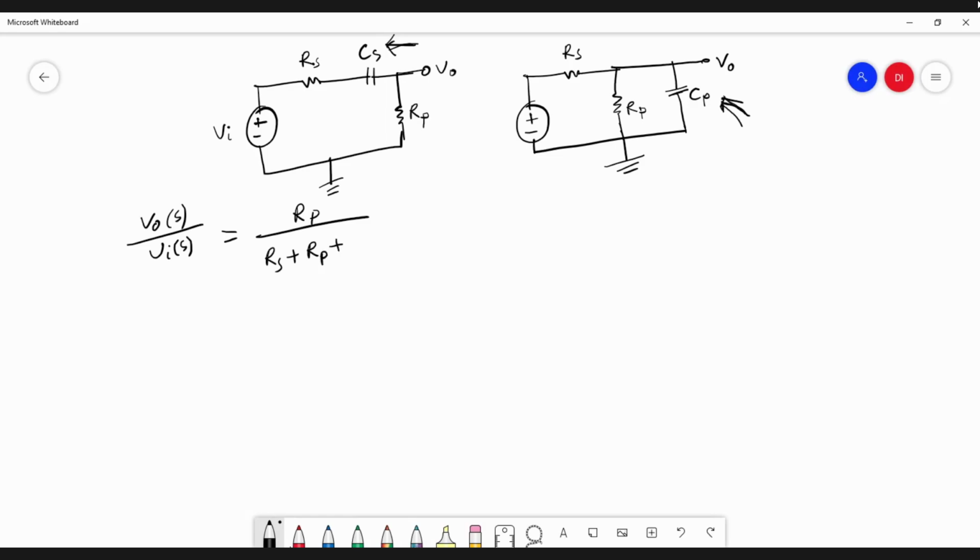Since it is a series circuit, you have to apply the voltage divider rule, VDR, and you have to apply KCL, Kirchhoff's current law, at this node. Then you can easily find out Vo(s) by Vi(s). So this is Rp by Rs plus Rp plus 1 by sCs.